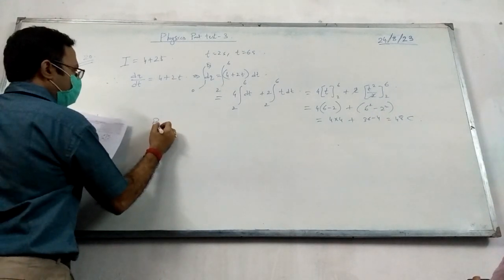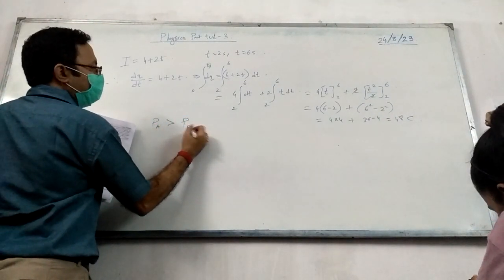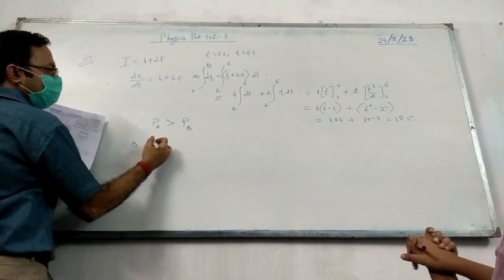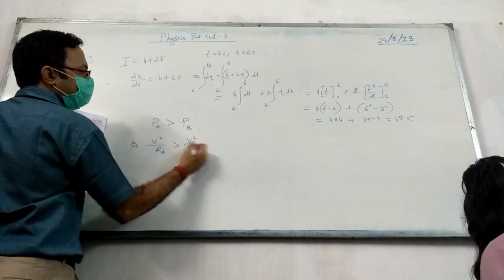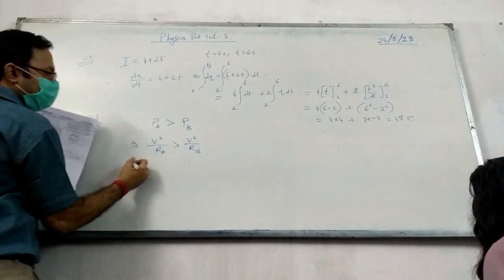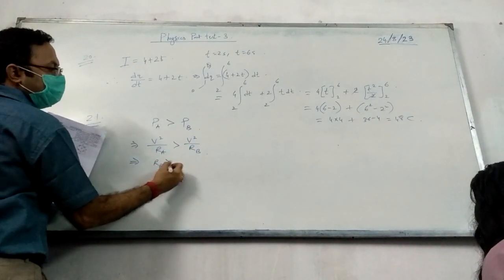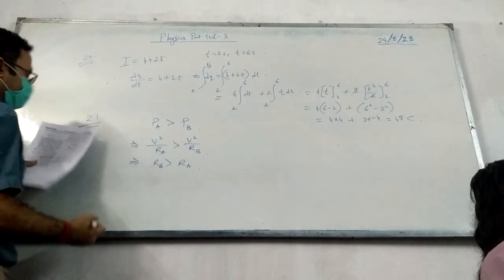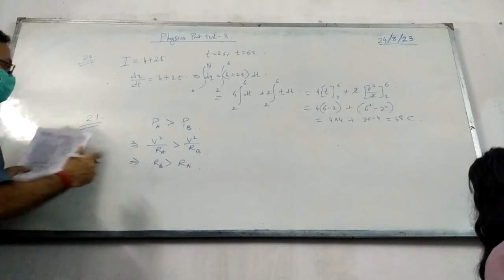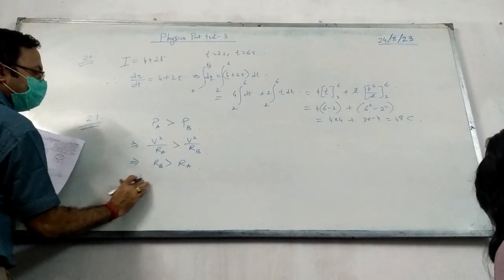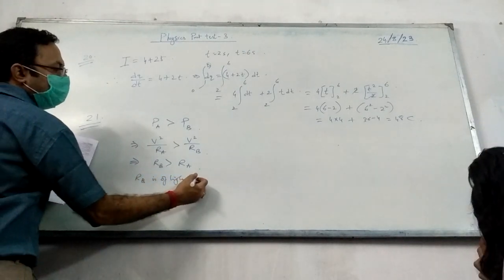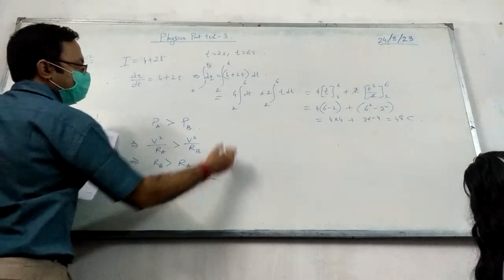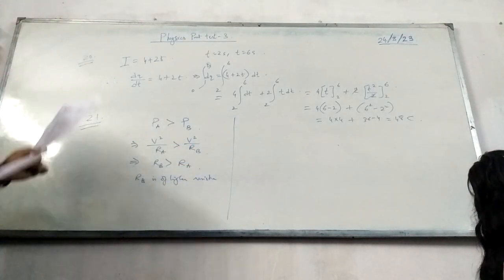Power of A is greater than power of B, and power is V square by R. So V square by RA is greater than V square by RB. That implies RB is greater than RA. So which one is higher resistance? RB is of higher resistance. 4 lines, 2 marks.